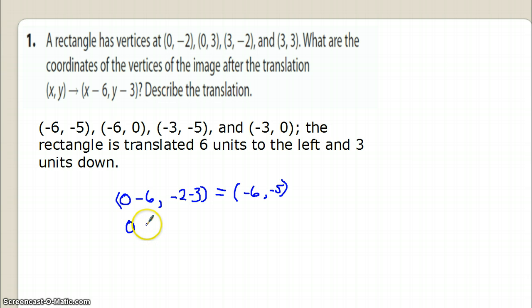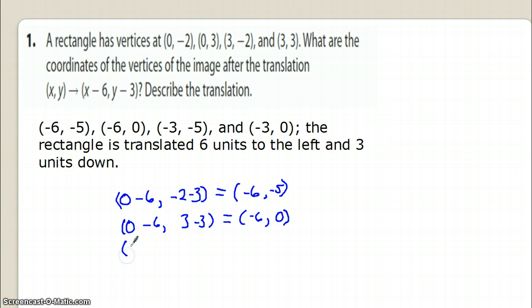Again, we're going to subtract 6 from x, and from 3 we're going to subtract 3. All we have to do now is do the math and find the new coordinates for the image. Again, this will be -6, and here, 3 minus 3 will give us 0.